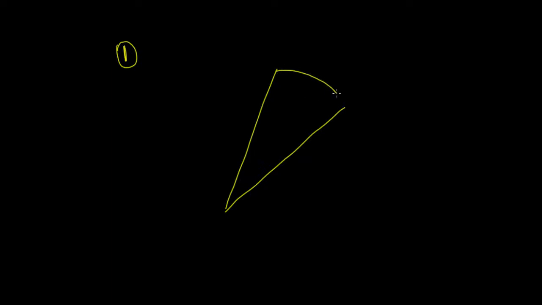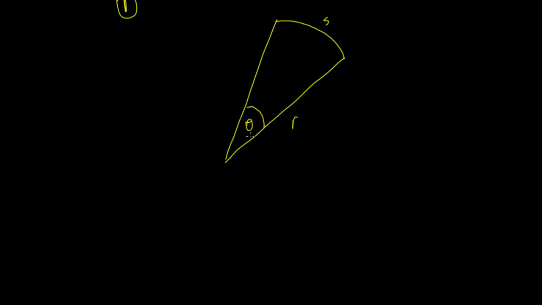If we look at an arc of a circle, where that angle is theta and that length is r, and this arc has length s, then if theta is measured in radians, the length s will be equal to r times theta.